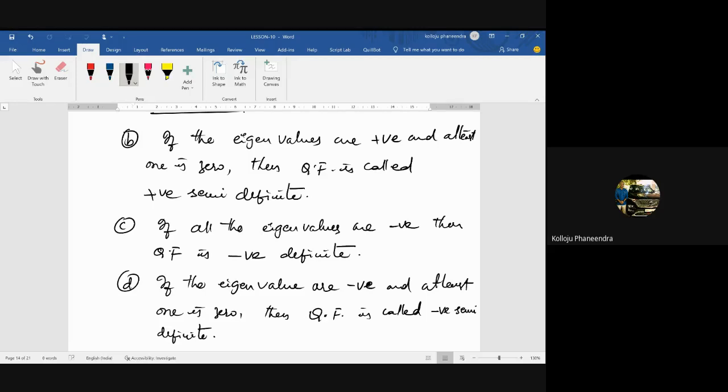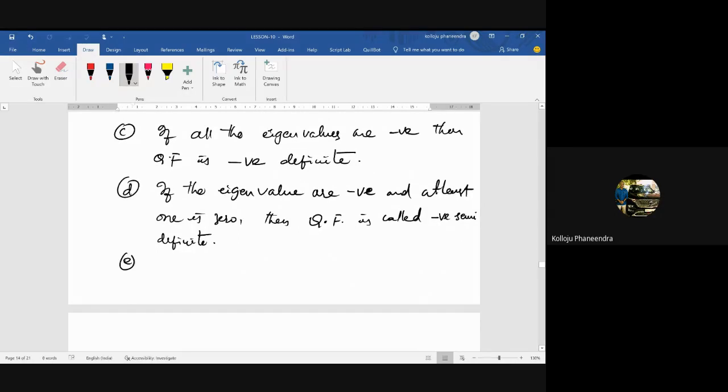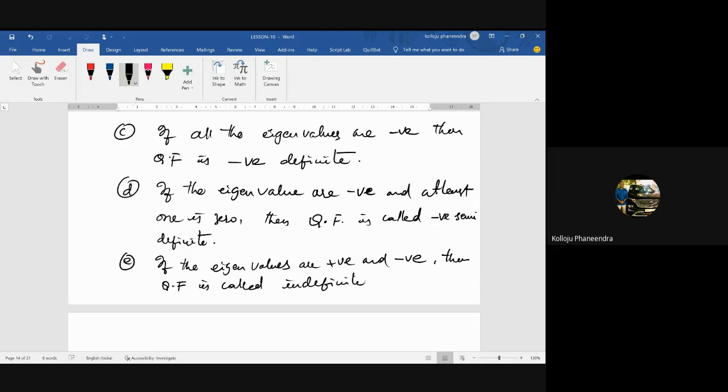And the last point: if the eigenvalues are both positive and negative, then the quadratic form is called indefinite.